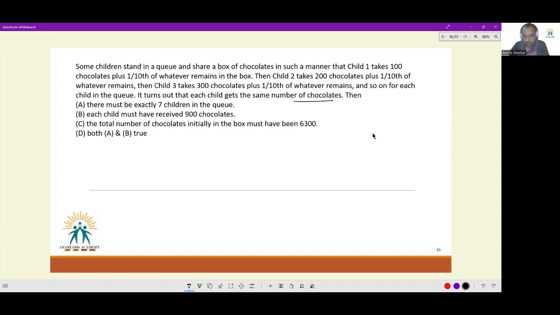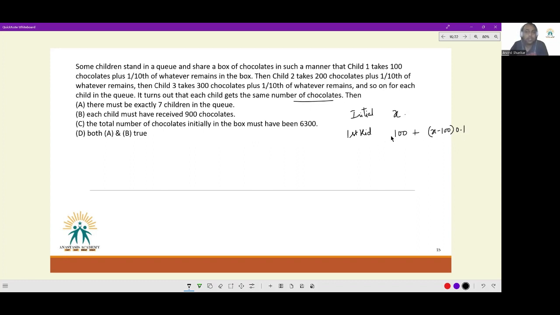Here, taking a variable right at the beginning is important. So let's take, there were X chocolates. So the first kid has taken 100 plus (X minus 100) into 0.1.